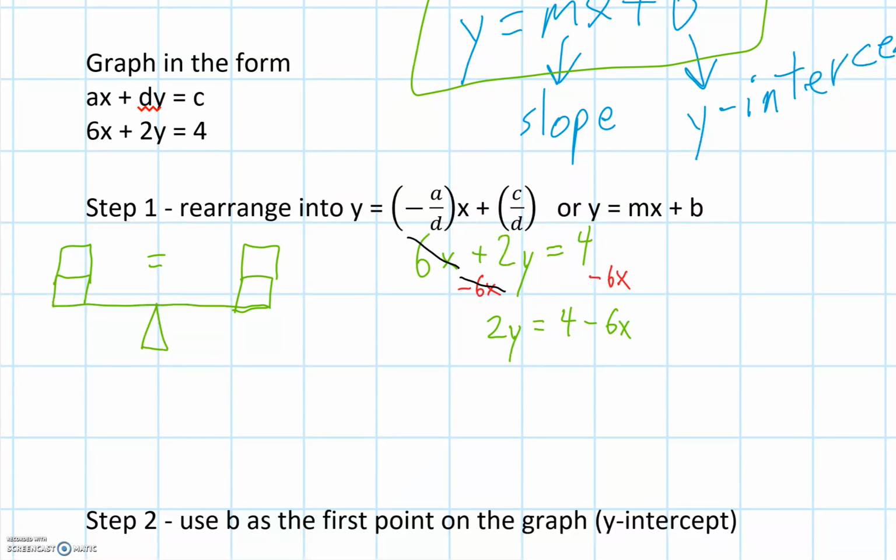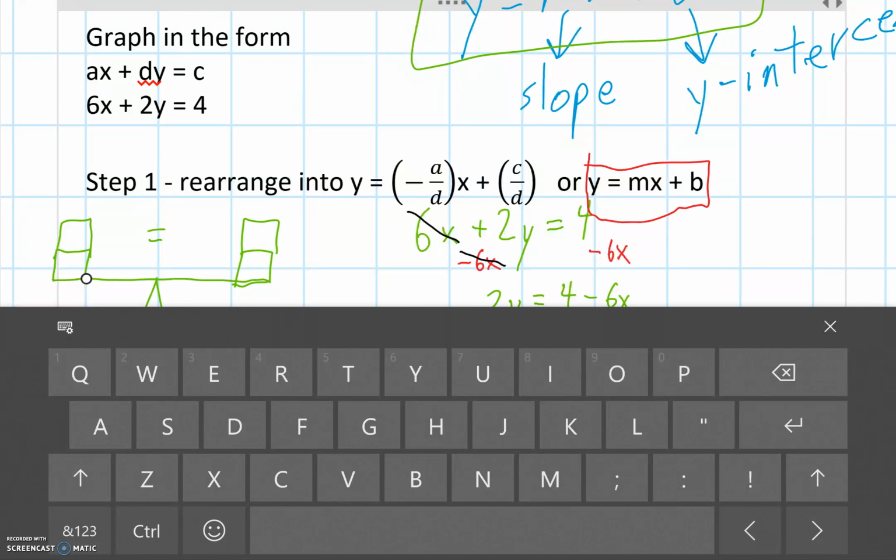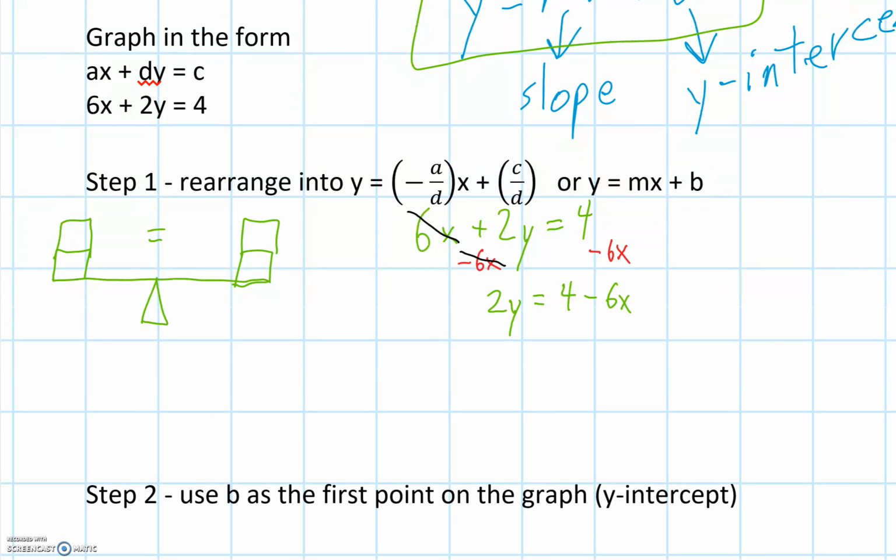Now, we still need to get the y by itself to have this y equals mx plus b form, so we're still working at it. Right now it's being multiplied by 2, so we have to divide by 2. If we do it to one side, we have to do it to the whole other side. Don't forget that has to be to both the m and the b.